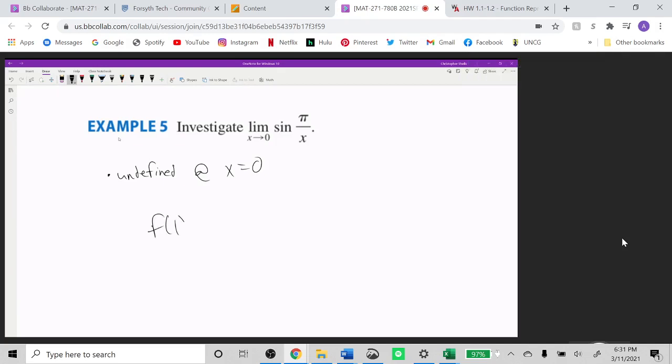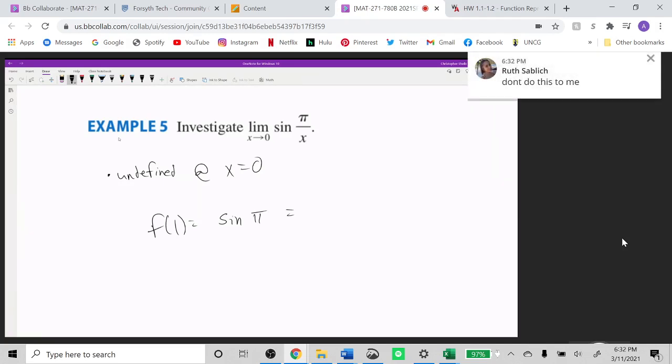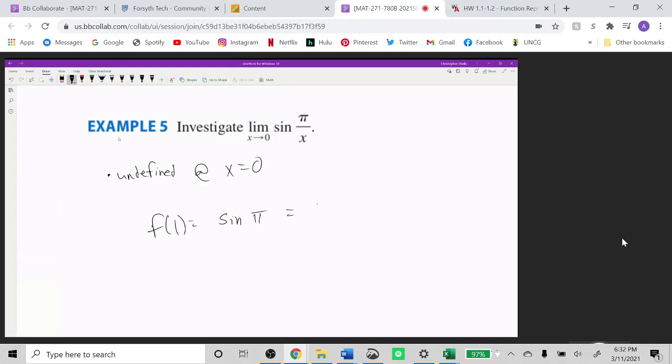Let's start out with f of 1. f of 1 just becomes sine of pi, right? What's sine of pi? Oh, my 172 students better be telling me what sine of pi is. It's 0.